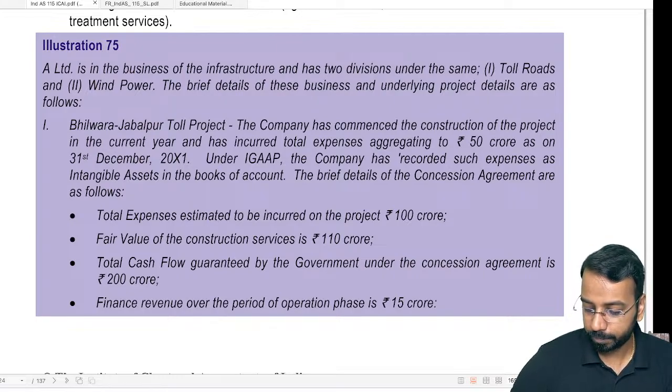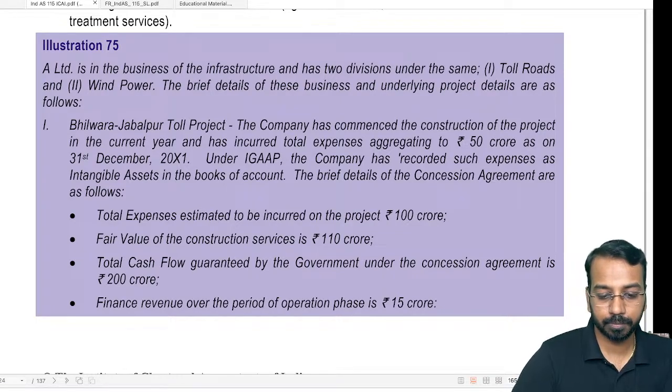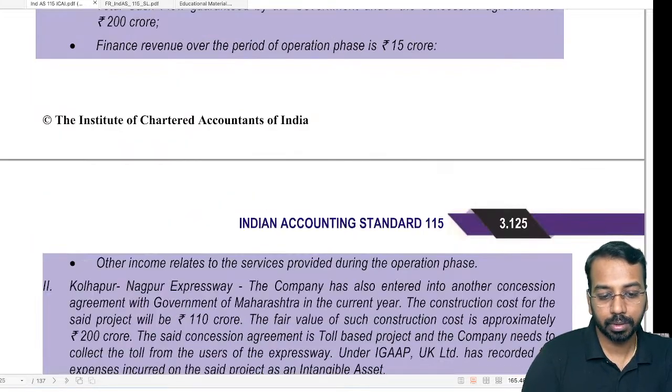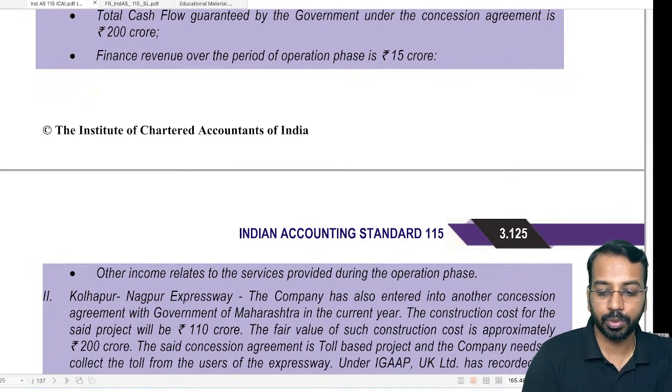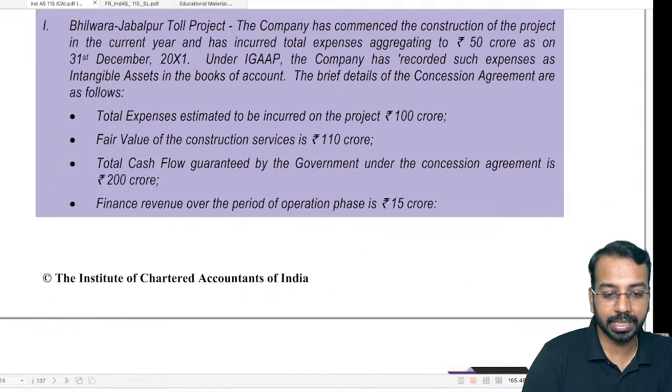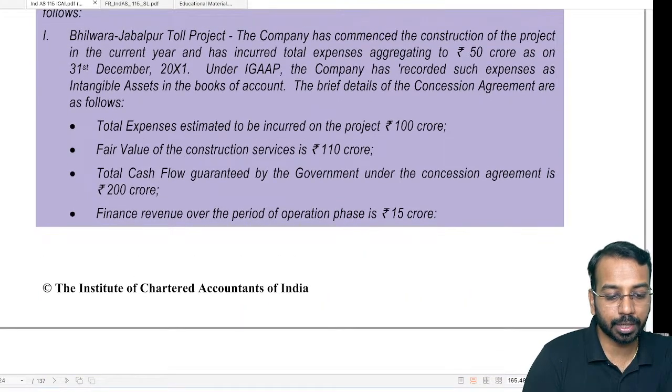Finance revenue is 15 crores. Finance revenue is over the period of operation. Other income relates to the service provided during the operation phase. Now here the question is, how do we account for this particular tollway?